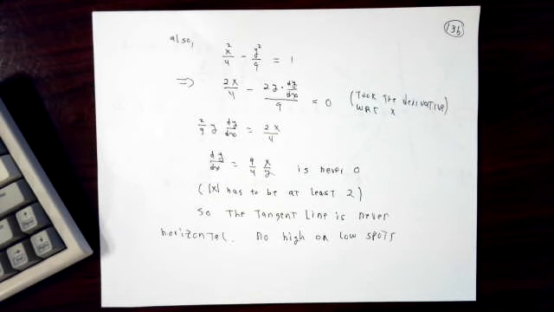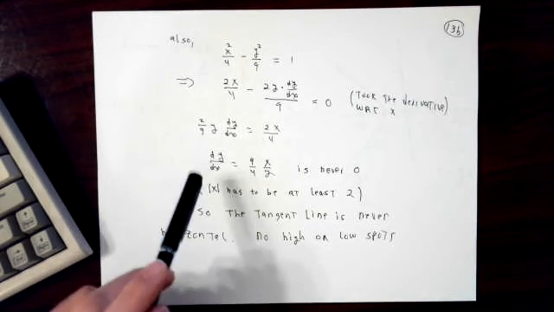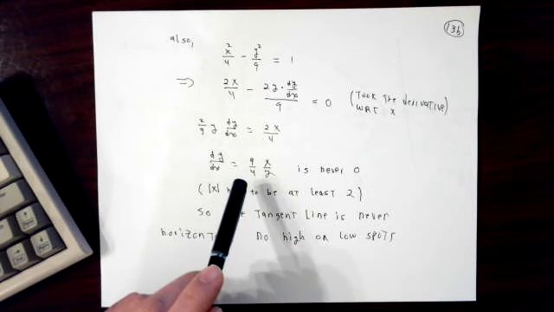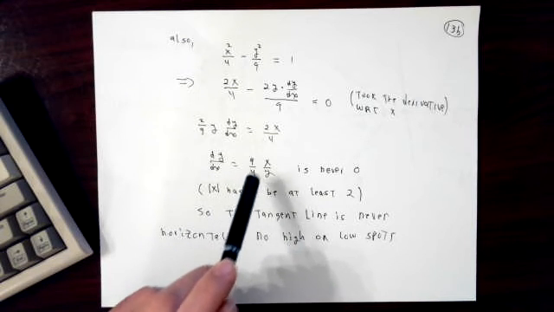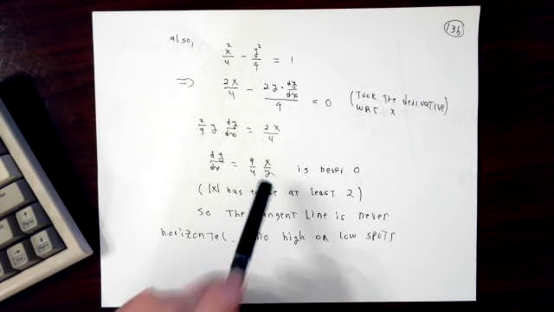The derivative of x squared is 2x, and y, which I'm going to think locally at least as being a function of x, has the derivative of y squared equal 2 times y times dy dx. This is the chain rule. If you rearrange this, dy dx is 9/4 times x over y.